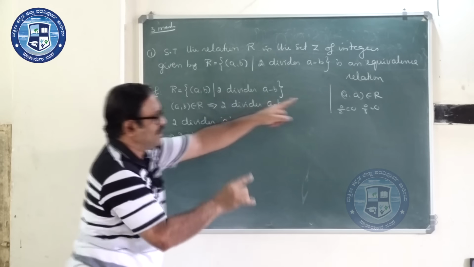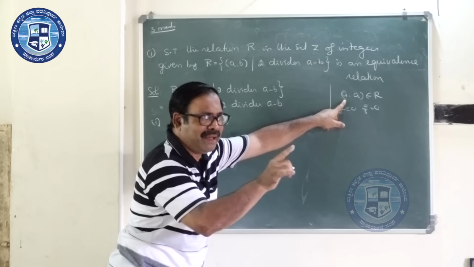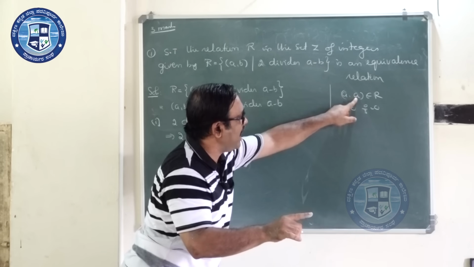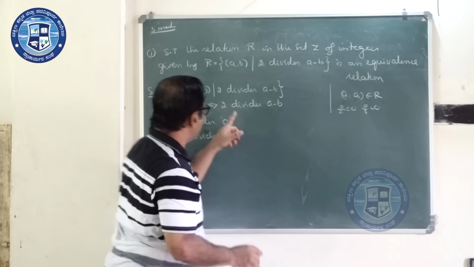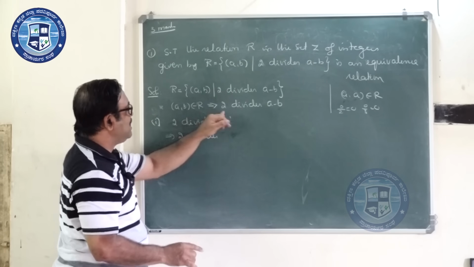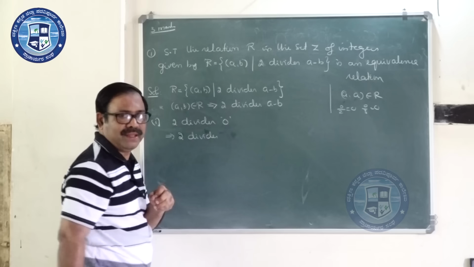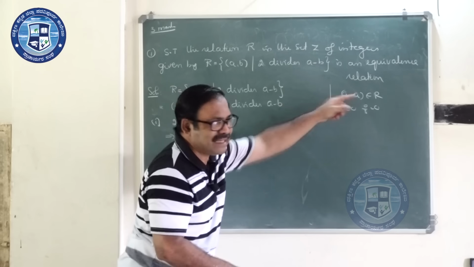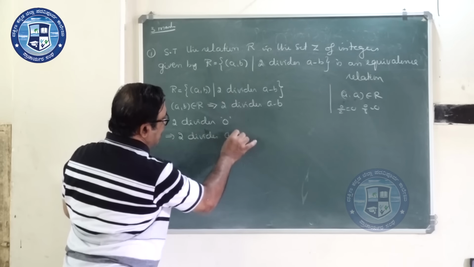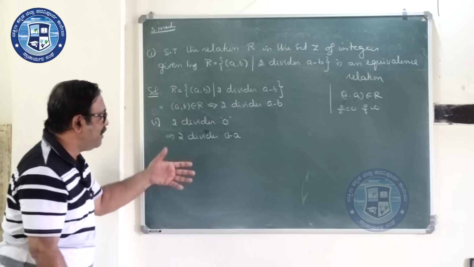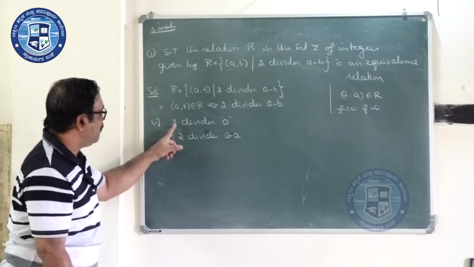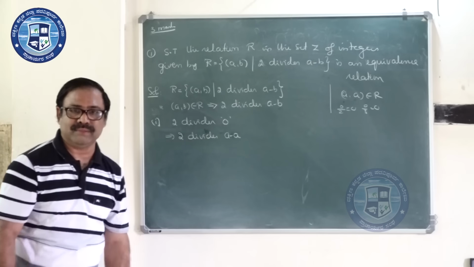See, first keep this idea in mind. What do you mean by reflexive? (A, A) should be there. So, (A, B) means 2 divides A minus B. If it is B here, B here. Now, I want A minus A. So, 0 is the same as A minus A. No, I am not bringing any new idea. We know that 2 divides 0.